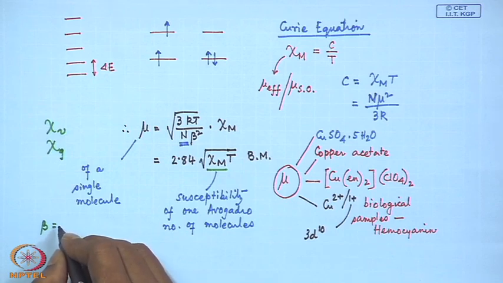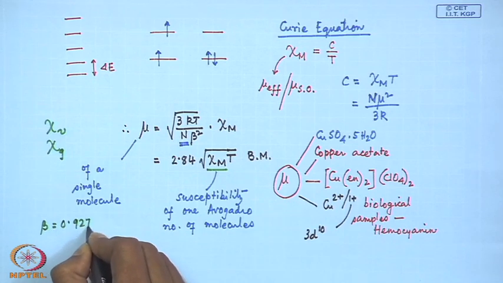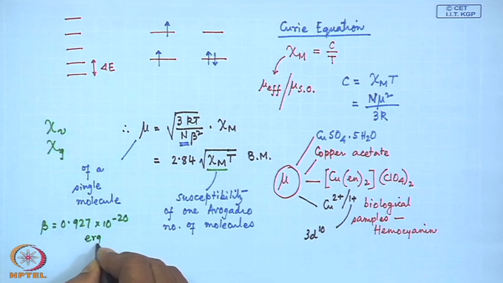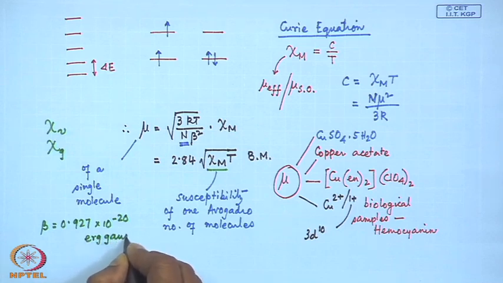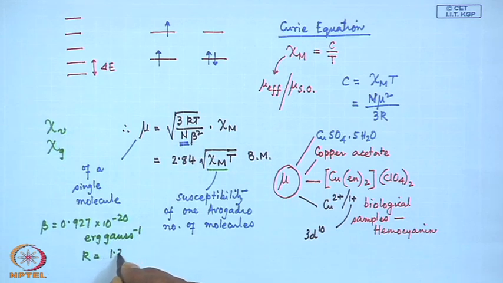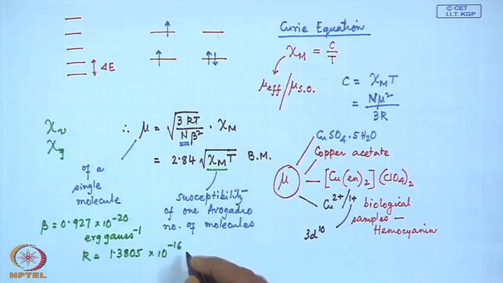In this particular case, beta is equal to 0.927 times 10 to the power minus 20 erg per Gauss, and we also have the Boltzmann constant k, which is 1.3805 times 10 to the power minus 16 erg per degree.